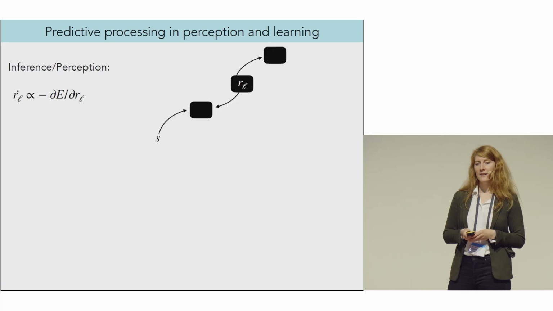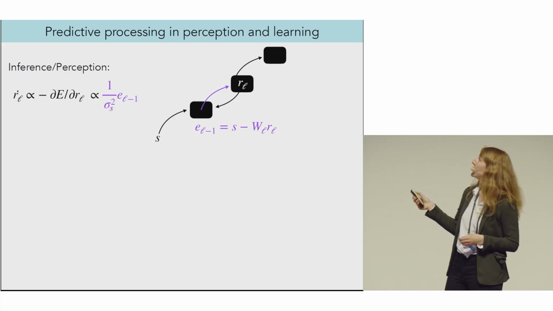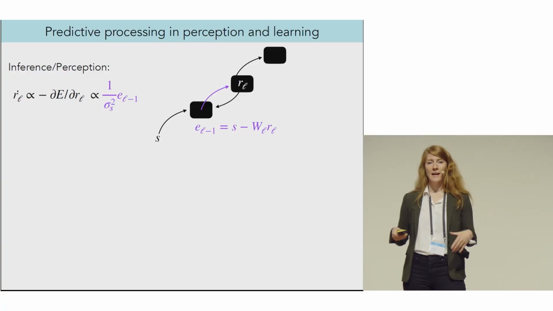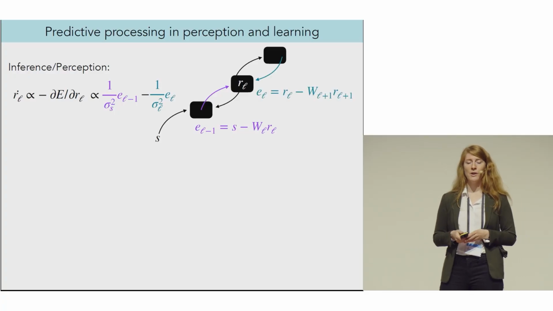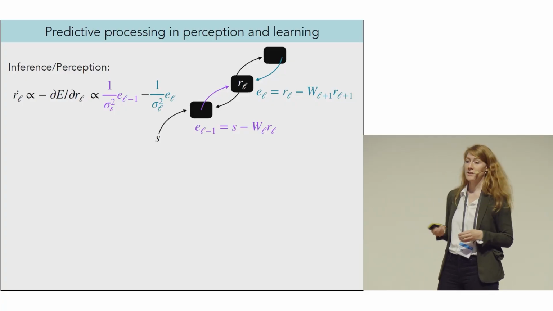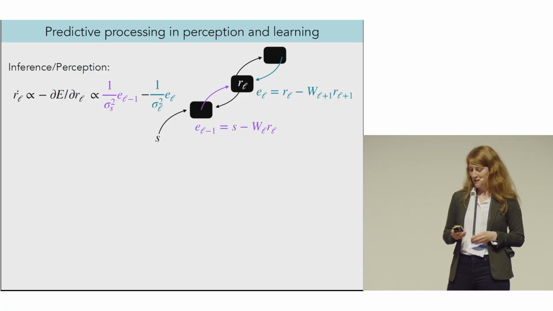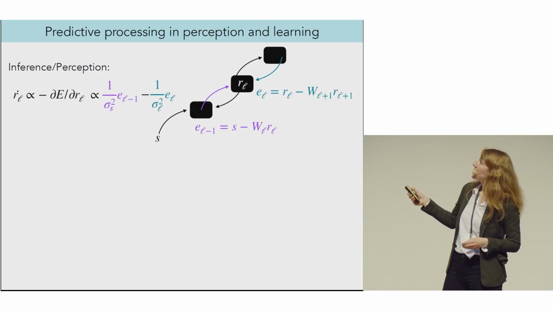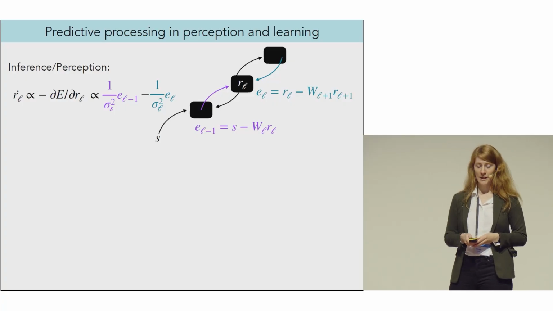And we can see that the update depends on both the bottom-up prediction error, which is the difference between the current sensory input and the prediction from the current representation, and also on the top-down prediction error, which is the difference between the current representation and the prior or the higher level top-down prediction. And we can see here that both these errors should be modulated by the respective uncertainty on each level.